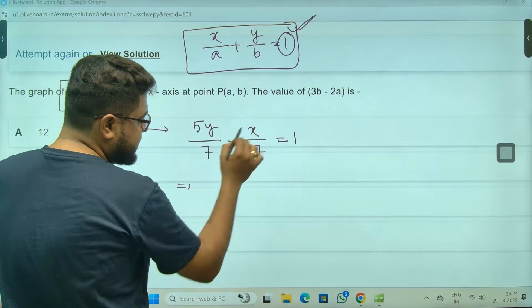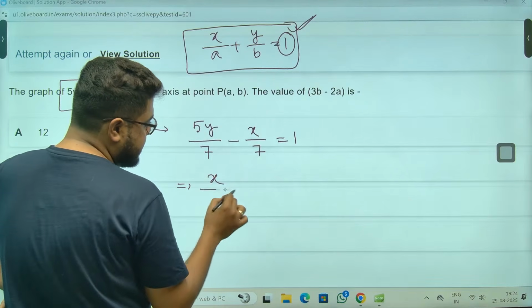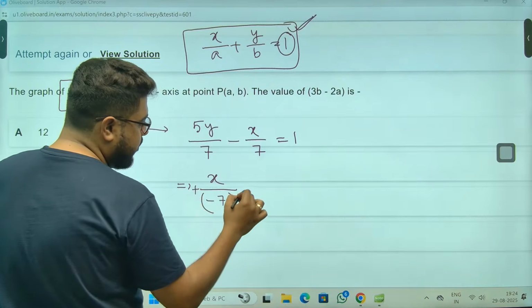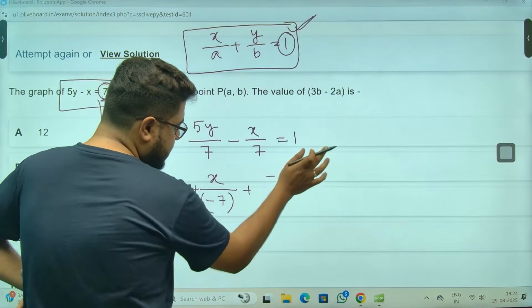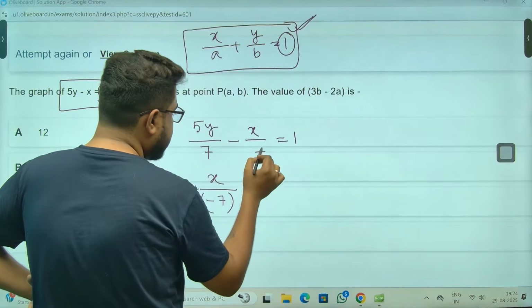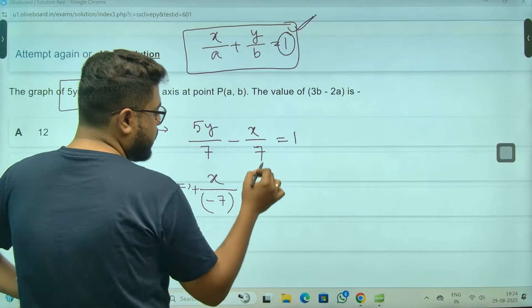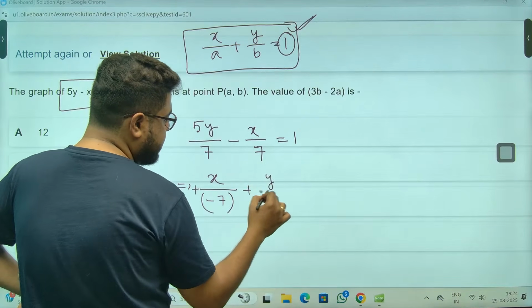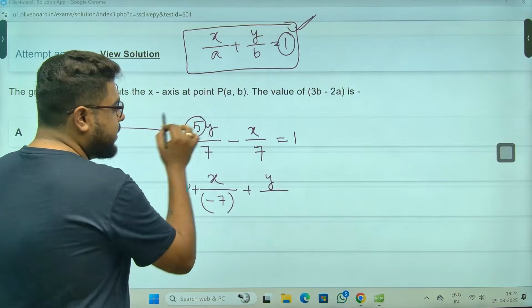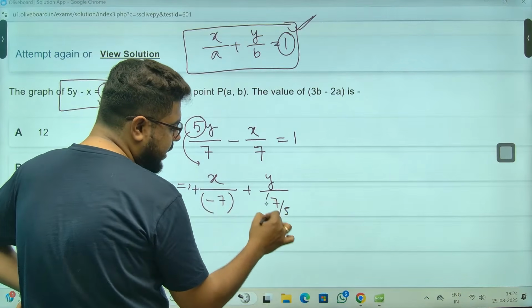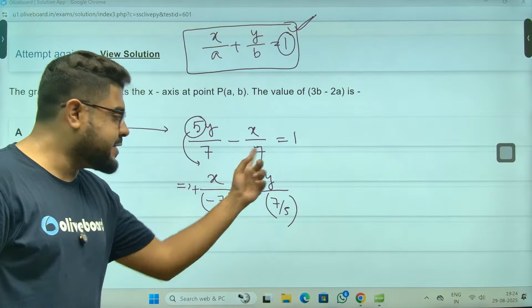So x, I'm writing first, minus 7, plus y by 7 by 5, because 5 cannot be there, so I divide. You see, 7 by 5 in the denominator is the same as 5y by 7.